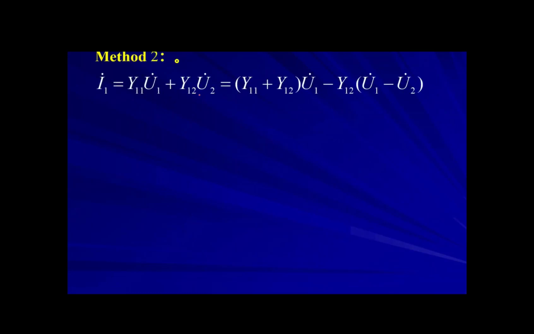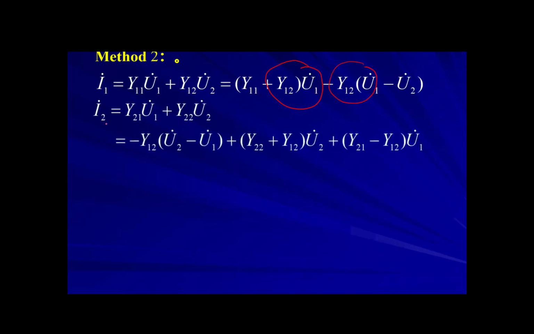Y11 U1 plus Y12 U2, we plus Y12 U1 at first, and then minus Y12 U1. For I2, we will minus this part at first, and then plus Y12 U2, and minus Y12 U1.